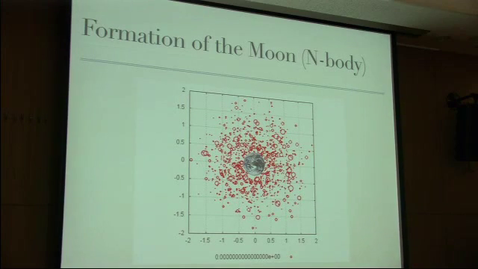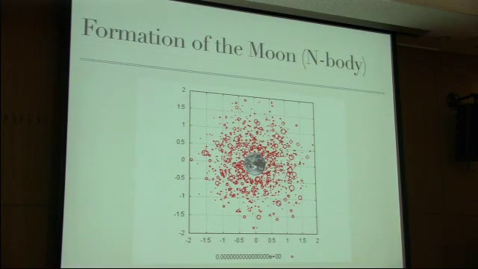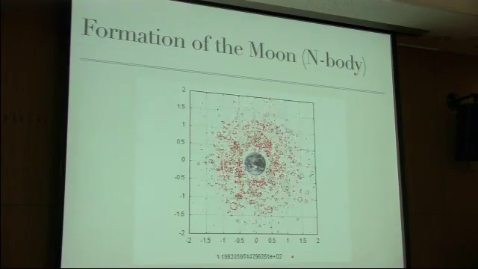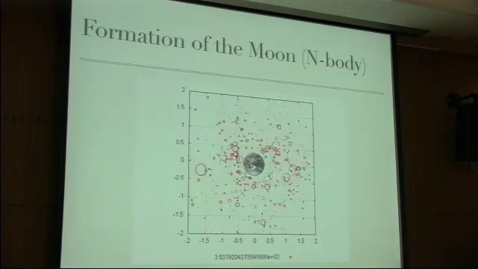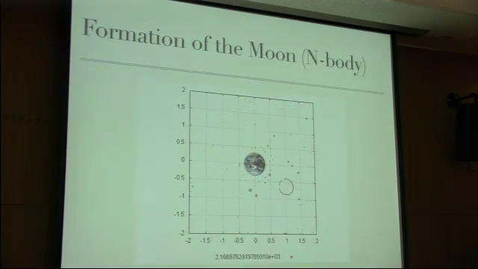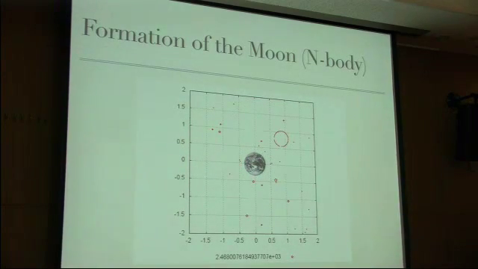The size of the circles represents the real size of the fragments. So, see how they accrete. Yes, I did it. We can accrete the fragments into one big body.